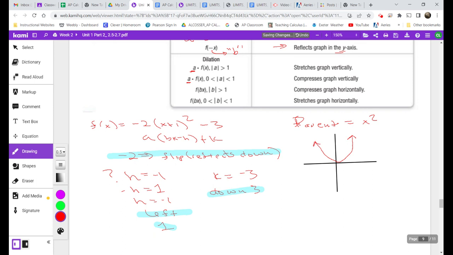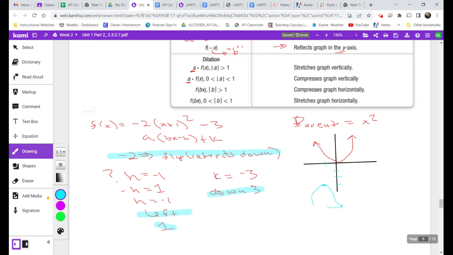But I'm going to take it, and I will do it in the highlighter. I'm going to flip it over. I'm going to move it to the left 1 and down 3, and make it a little skinnier because of the 2.